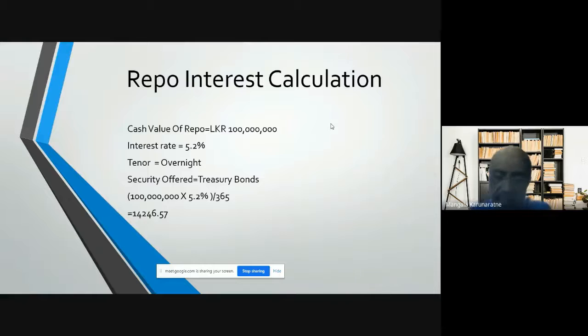Settlement process in the sense, how do we settle securities in the SSS system, and how do we allocate securities. And I will explain maybe a few examples with regard to outrights and repo transactions.